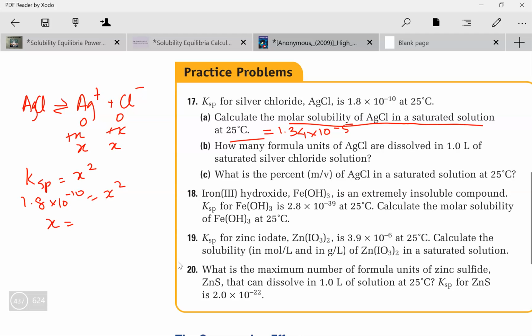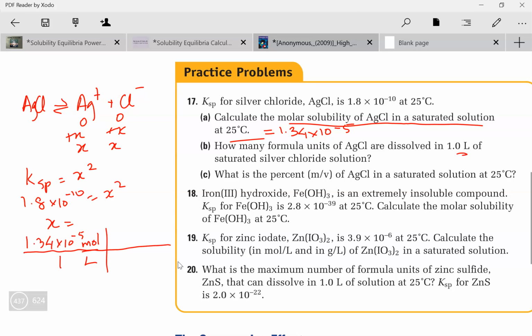How many formula units are dissolved in 1 liter? We have calculated our x in moles per liter, so this is the number of moles in 1 liter.